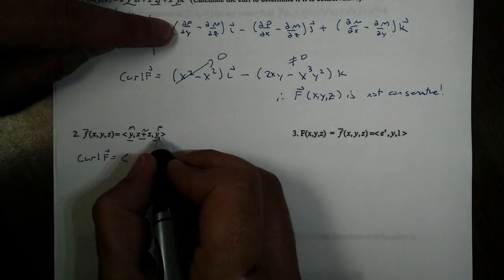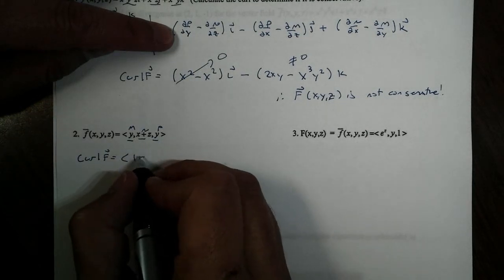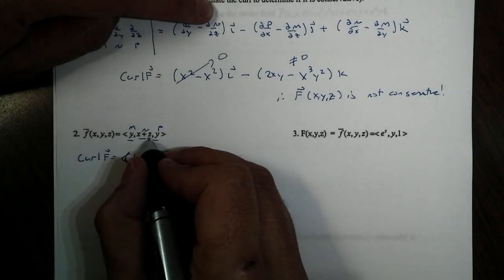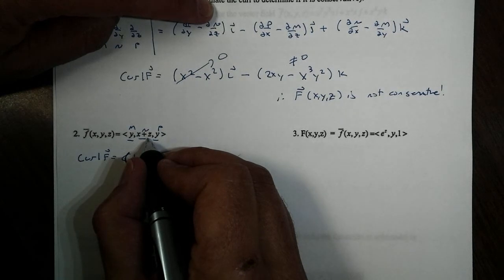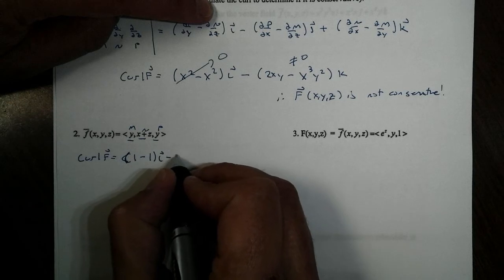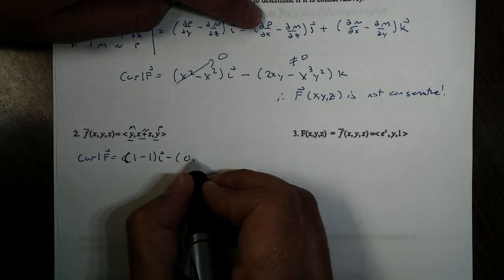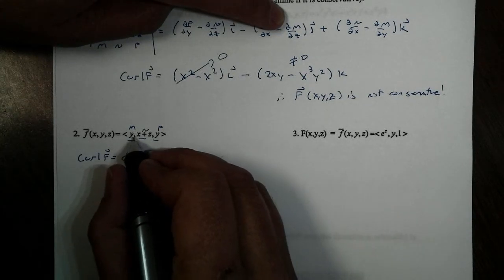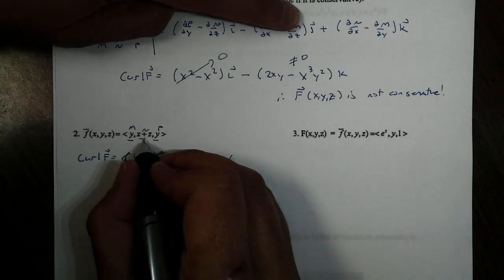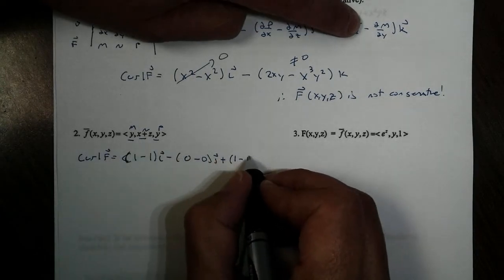It's going to be the partial of P with respect to y, which is just going to be 1, minus the partial of N with respect to z, which is just going to become 1, i, minus the partial of P with respect to x, there's no x, so that's just going to be 0, minus the partial of M with respect to z, there is no z there, so that's just 0, j, plus the partial of N with respect to x, that's just going to become 1, minus the partial of M with respect to y, which is 1, k.